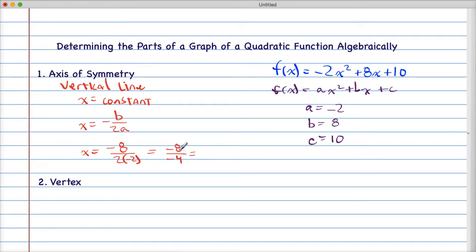Negative over negative is positive. 8 over 4 is 2. So the axis of symmetry for the graph of this function is a vertical line at x equals 2. And I'm going to save off graphing this for a later example. Right now, I just want us to be able to find algebraically what this axis of symmetry is. So here, the axis of symmetry is x equals 2.